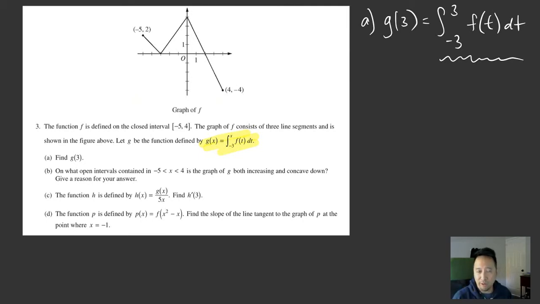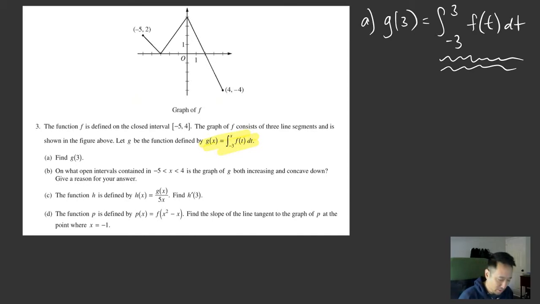I'm going to reiterate again, do upper minus lower, right minus left each time. But back to this guy, that's a straight integration. You can get negative values.